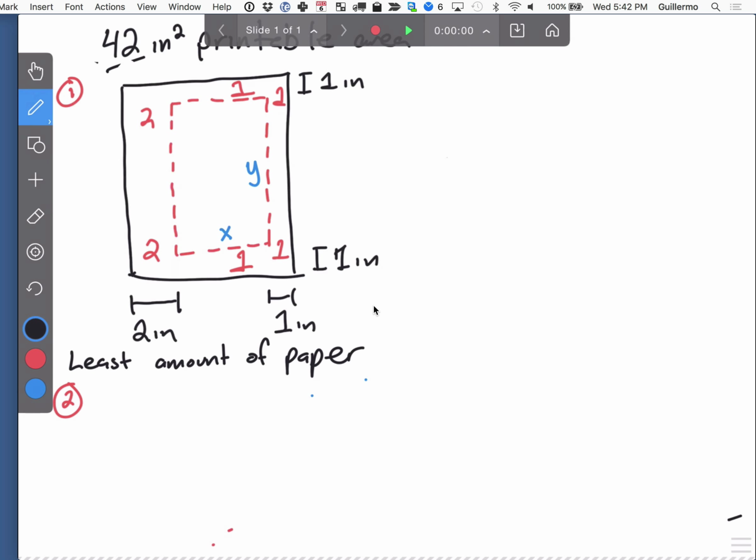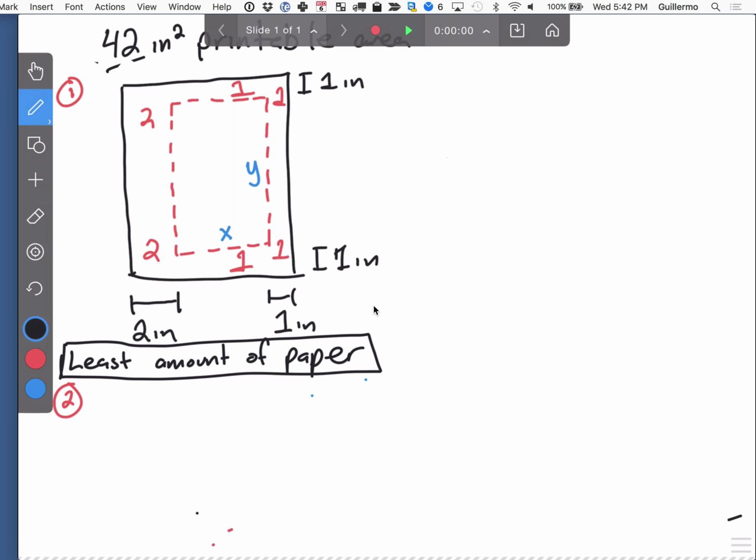We want to use the least amount of paper. That's what we're trying to optimize. And how would we measure amount of paper? It would be by area, right? Does that make sense? Okay.